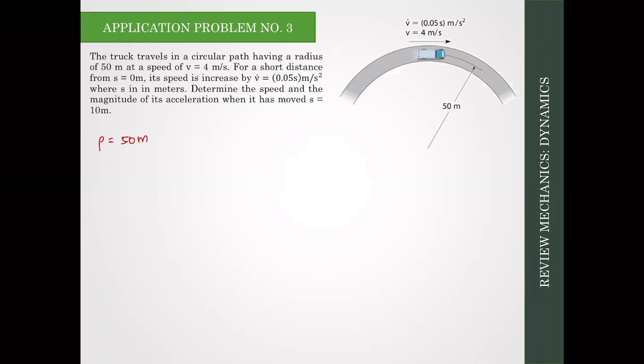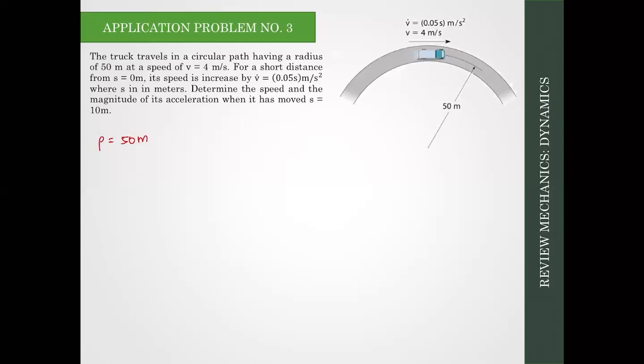And then, yung V natin, VdV natin, ang initial natin is 4. Hindi natin alam yung final velocity niya. Then acceleration natin, in terms ng S naman yung formula natin. So we have 0.05 s ds. Limit natin is from 0, then yung hanggang natin is 10. Okay? So applying integral lang.